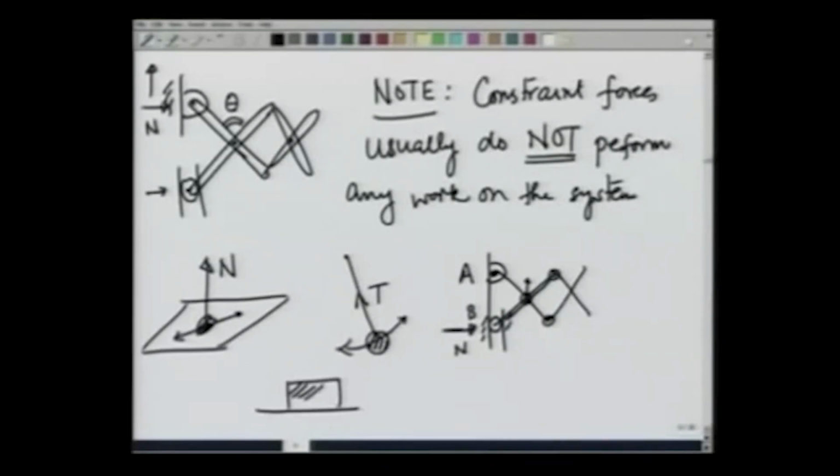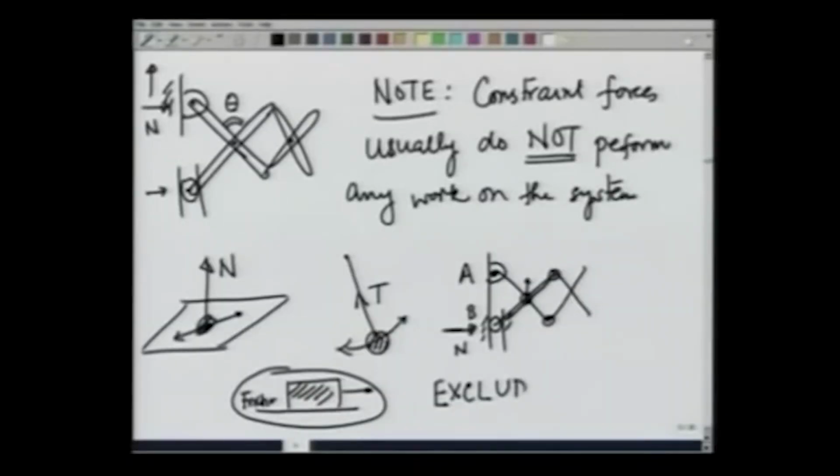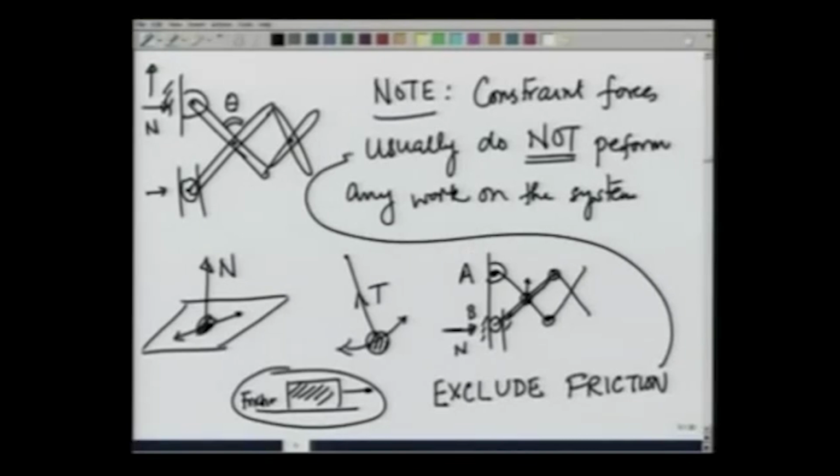if we have a frictional force as the constraint force, that does perform work when the system moves. Therefore, if we include friction, then I would say constraint forces usually do not perform any work. On the other hand, if I exclude friction, then I would say that constraint forces do not perform any work on the system.